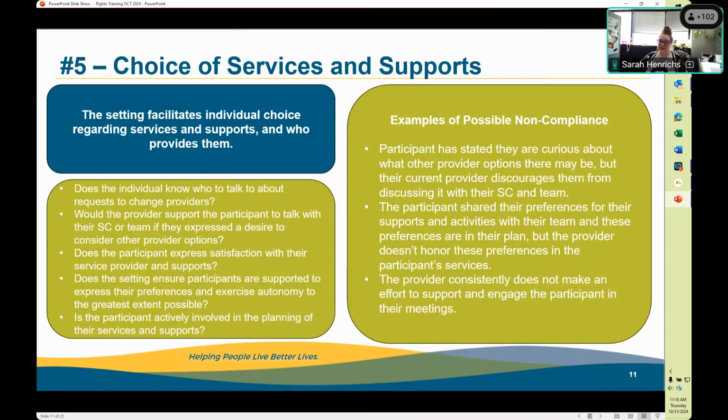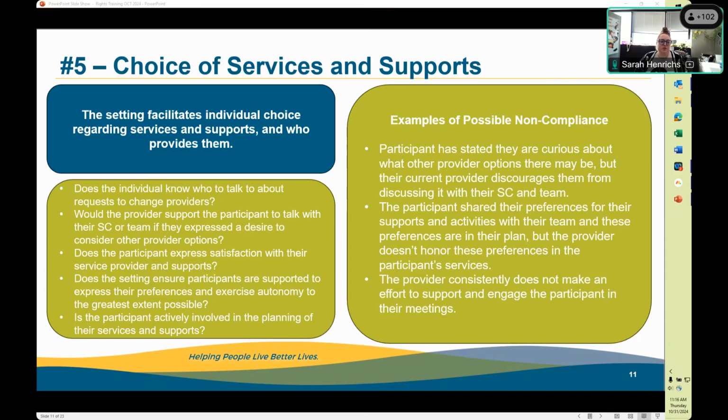Choice of services and supports. This one again falls under our responsibility as well, but the providers are also part of the team. The setting facilitates individual choice regarding services and supports, including who provides them. Does the individual know who to talk to if they want to request a change in their service providers?